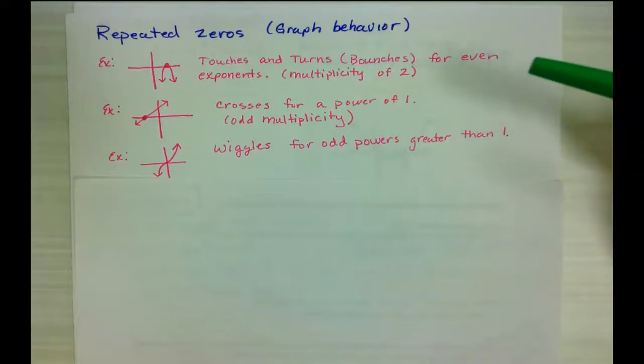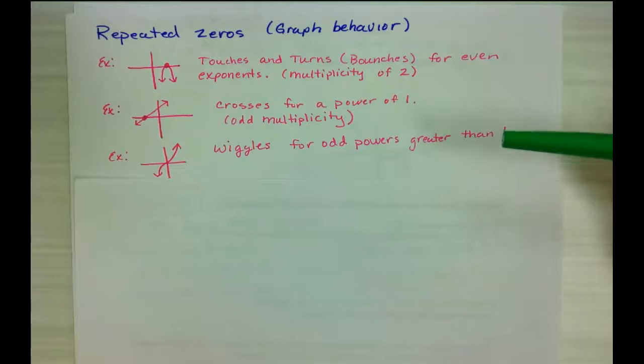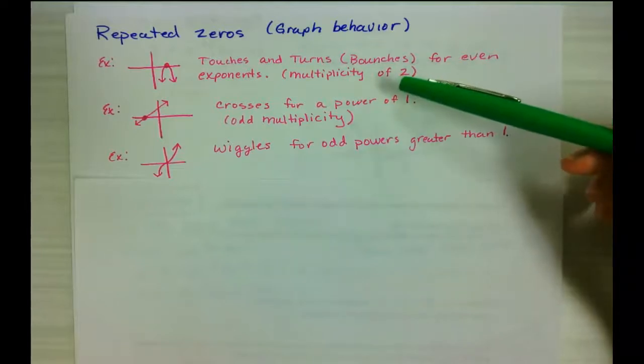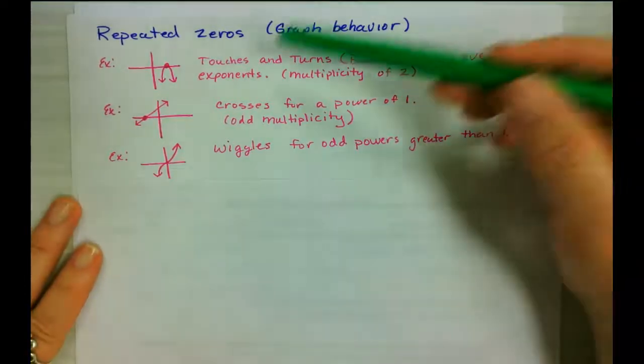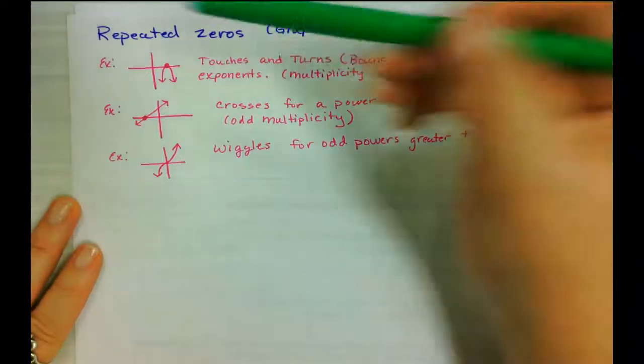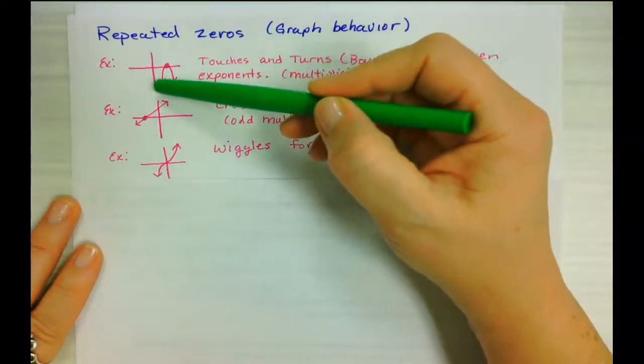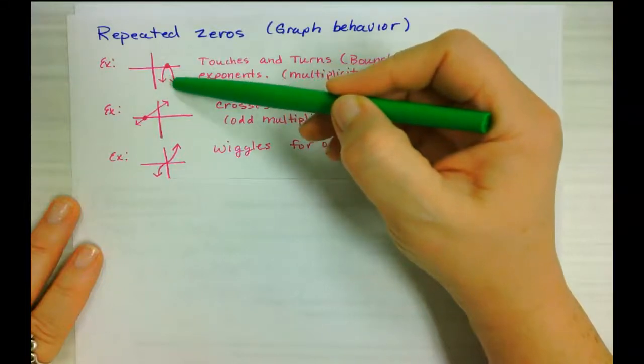And finally, the other thing we learned about root behavior when you have repeated zeros is that there's a certain behavior that exists at that 0. So by knowing this is a multiplicity of 2, we know that it's going to touch and turn or bounce for even exponents. For instance, if I have, it's upside down, but I have a power 2, it comes up here, it touches the x-axis and goes back.